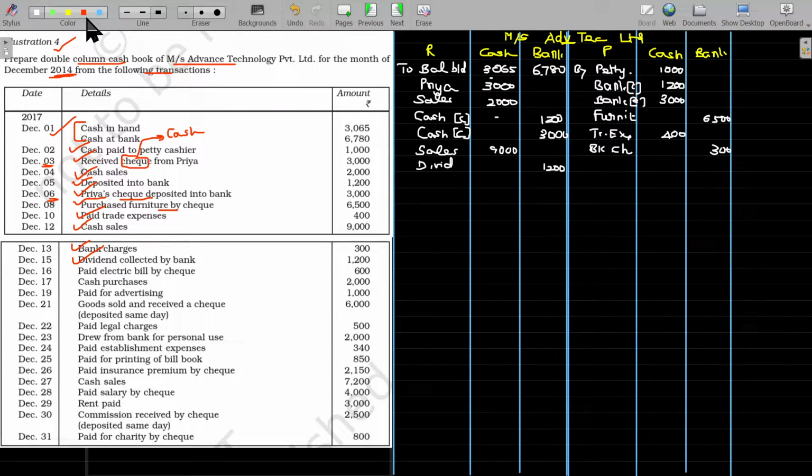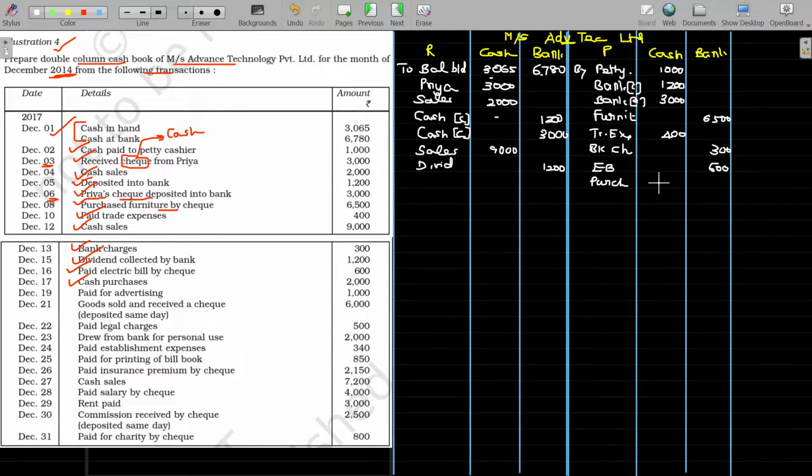Paid electric bill by check in the payment side. EB. The payment for that, 600 rupees, being by check. So I'll put the value here, 600. Cash purchases, again payment side purchases.